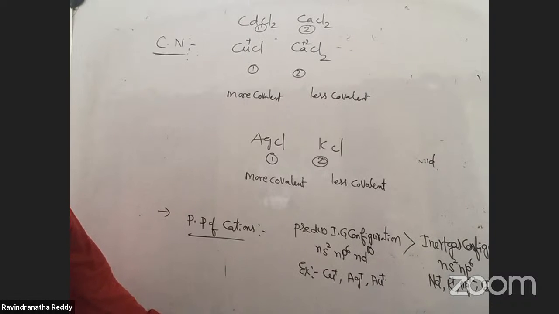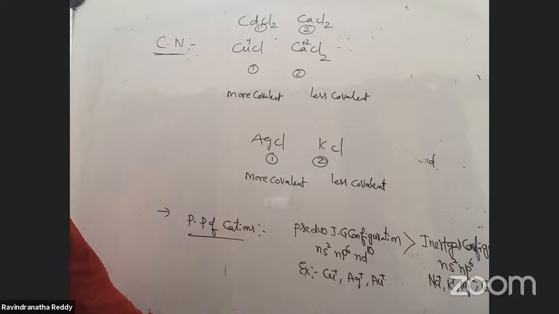Inert gas configuration gives ionic nature. Pseudo inert gas or non-inert gas configuration gives covalent nature. So cadmium chloride or calcium chloride, which is more covalent? CdCl2 is more covalent.